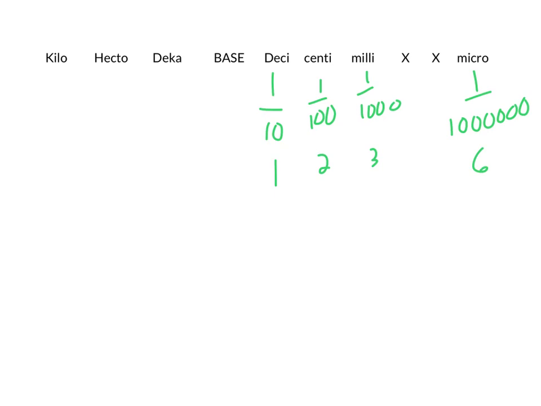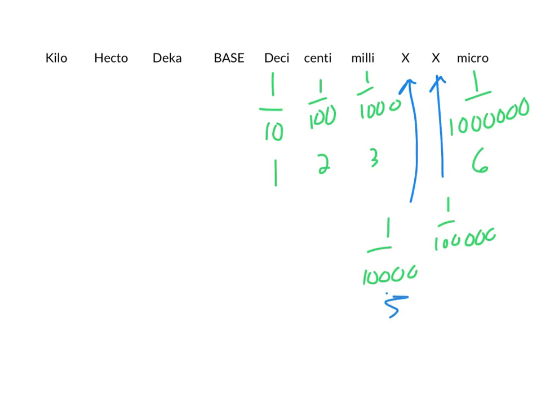Think of how we count place values: tens, hundreds, thousands. We don't skip to millions. In between, that's what's happening here with these two x's. They are the place values that represent the 1/10,000th place and the 1/100,000th place, our 4 zeros and our 5 zeros.